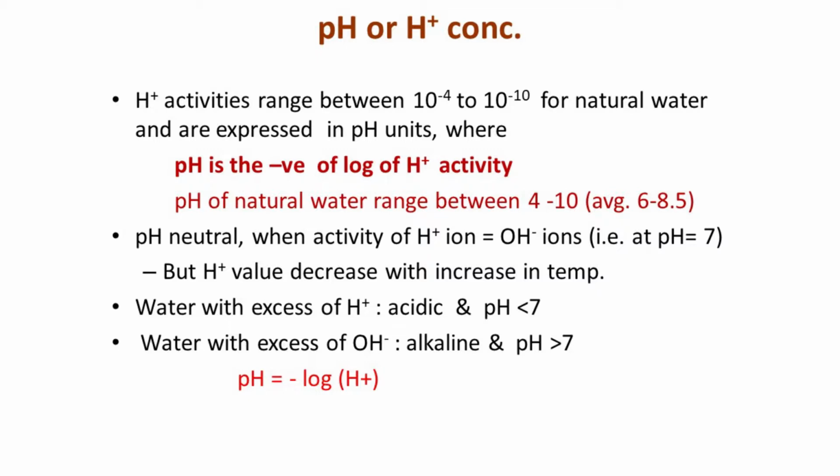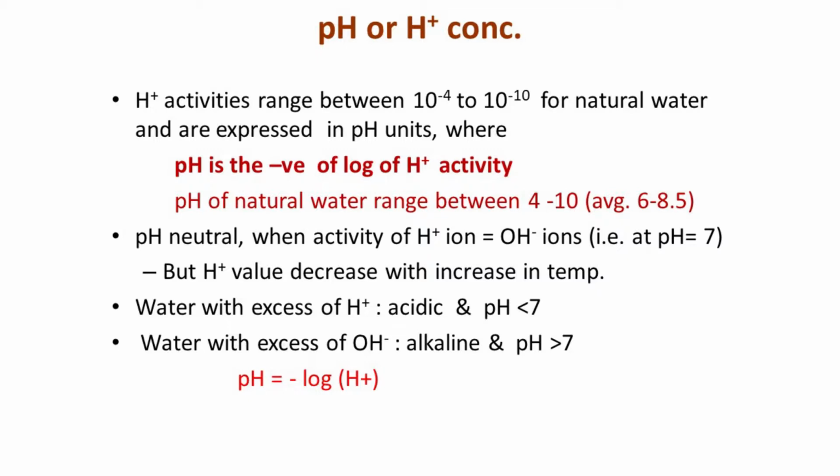The pH is neutral when the activity of hydrogen ion is equal to hydroxyl ion. That is, we can say that at pH 7, the pH is neutral and the activity of H ion, that is the hydrogen ion, is equal to hydroxyl ion. But we know that the hydrogen ion behavior is temperature dependent, and the value of H ion decreases with increase in temperature.